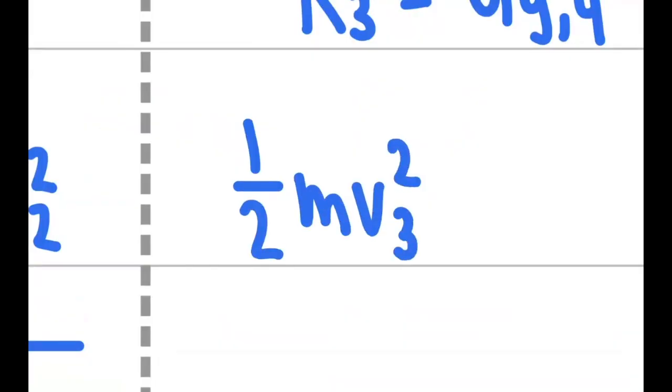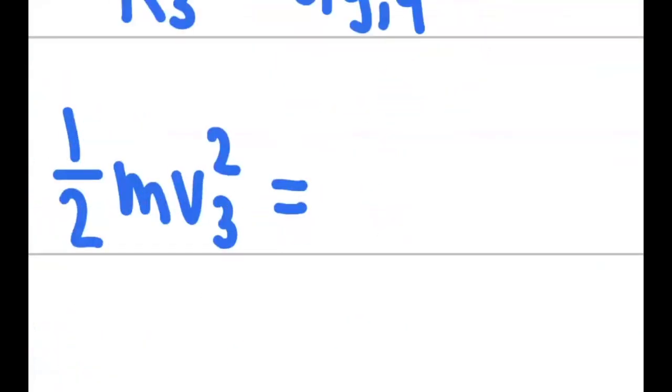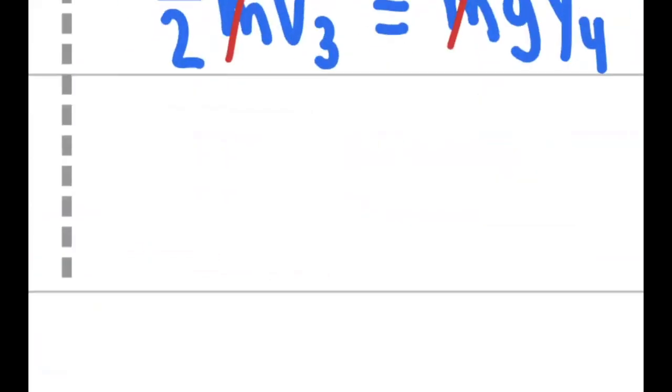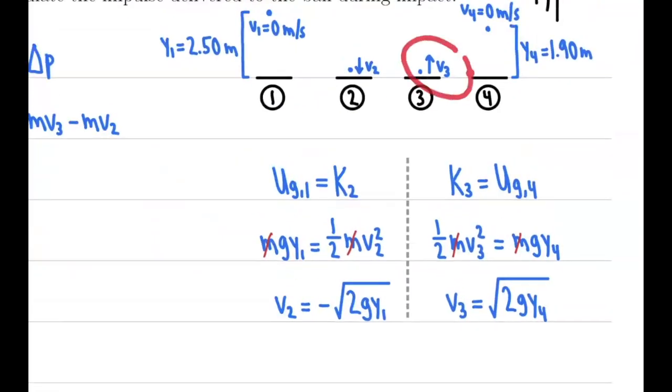K3 is 1 half mv3 squared, and UG4 is mgy4. So just like last time, the masses cancel. And to find v3, I'm going to multiply both sides by 2 and take the square root. So you're going to get this. And I'm doing the positive square root because v3 is upward, which is in the positive direction.